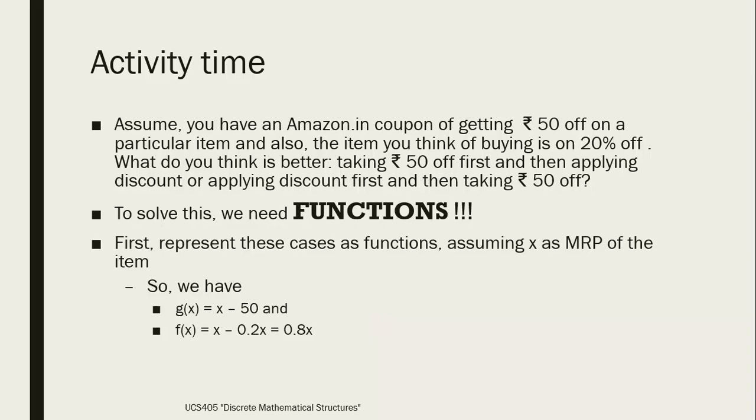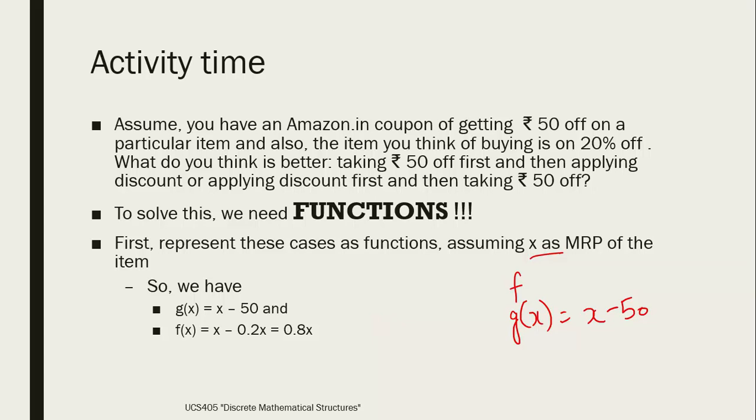Let us suppose that x is the MRP of the item. Now we have two options. Applying the coupon of rupees 50 is the function g of x equal to x minus 50.